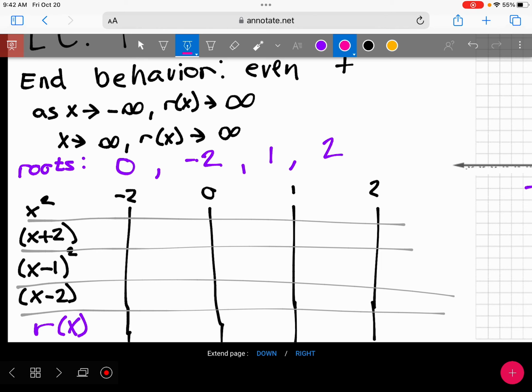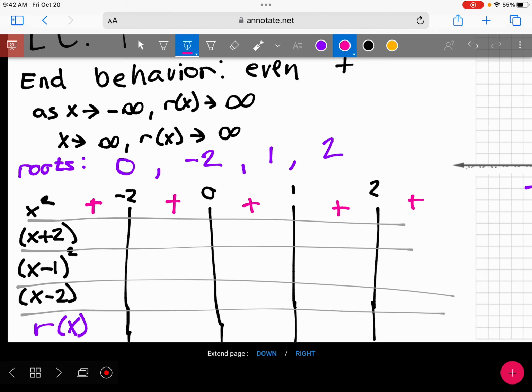So if x is smaller than -2, is x squared positive or negative? Positive. X squared is always going to be positive. How about between -2 and 0? Positive. Between 0 and 1? Positive. Between 1 and 2? And bigger than 2. Positive.